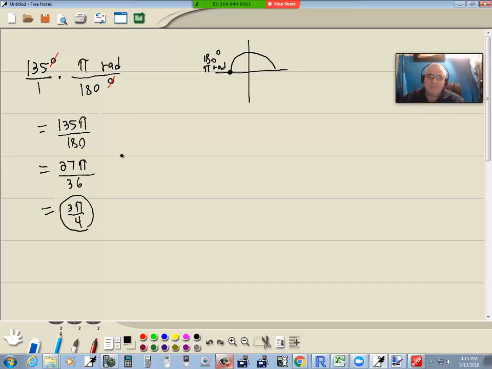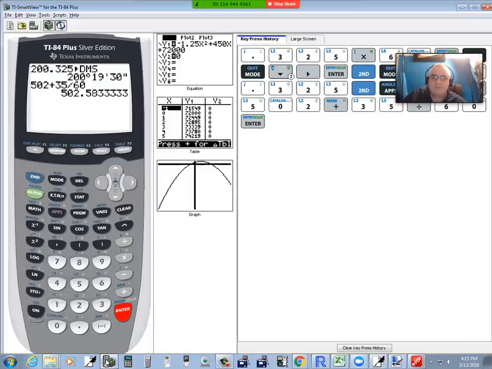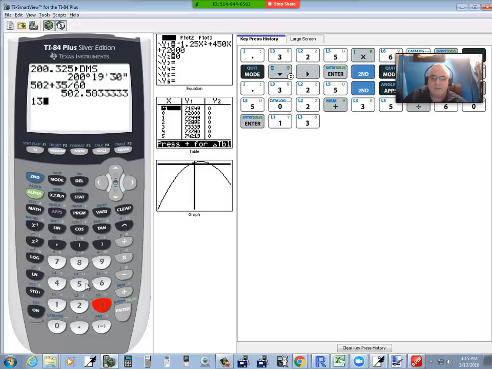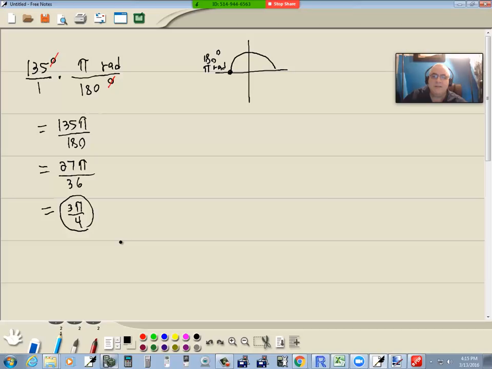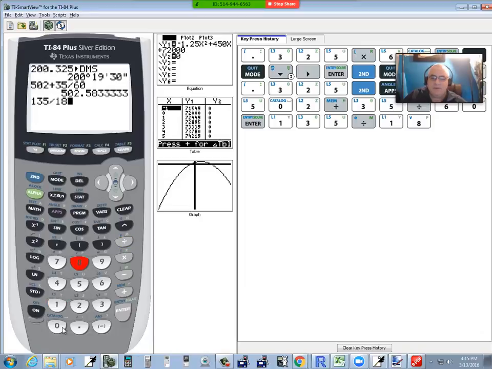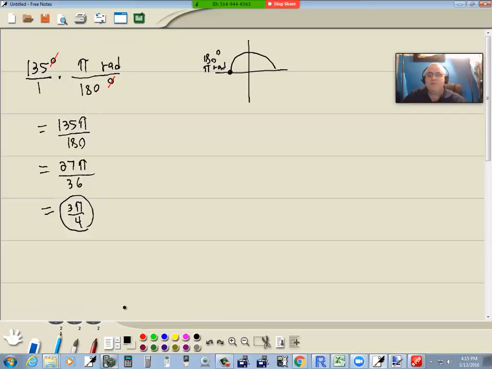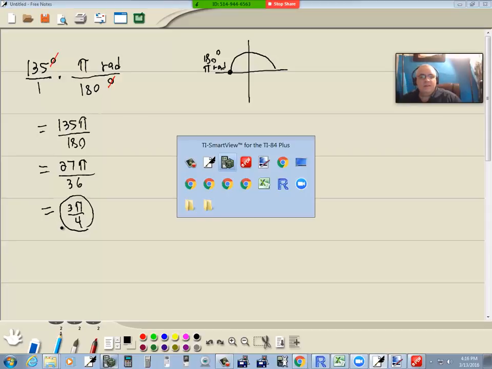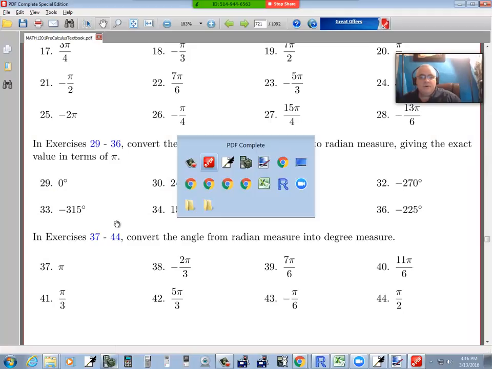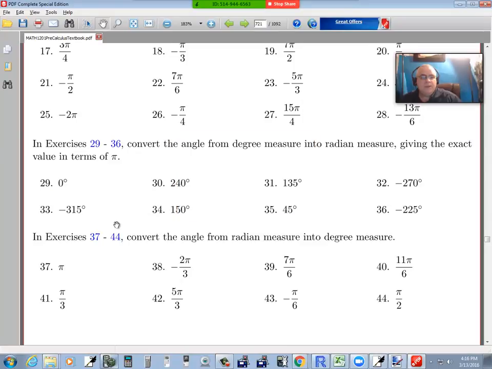Now let me verify that, since my basic math seems to be pretty faulty right now. 180, yeah, 3/4. So 3 pi over 4 would be our radian measure. And typically you don't put RAD on there. I put it there just to emphasize it, but we can drop it. And that was number 31.